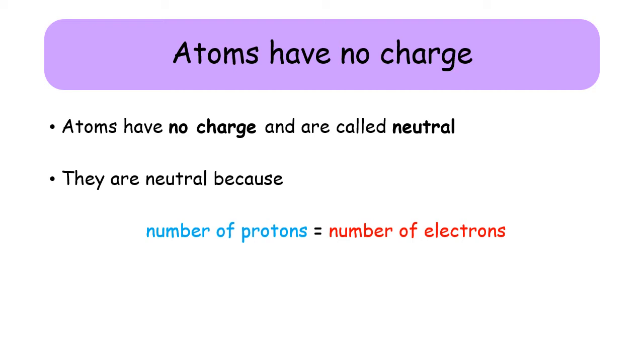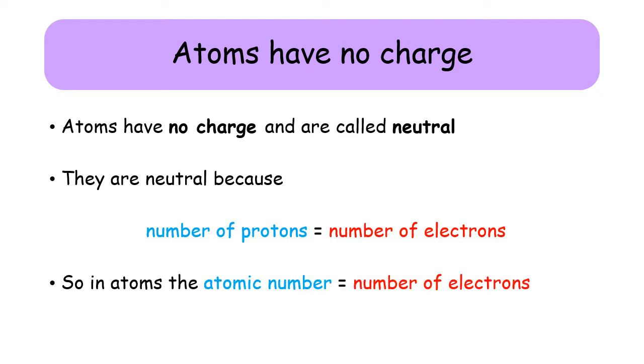Electrons have negative charges. So if you have the same number of positive things as you have negative things, they cancel each other out and you end up neutral. And remember, the atomic number told us the number of protons. So in an atom, the atomic number also tells us the number of electrons.